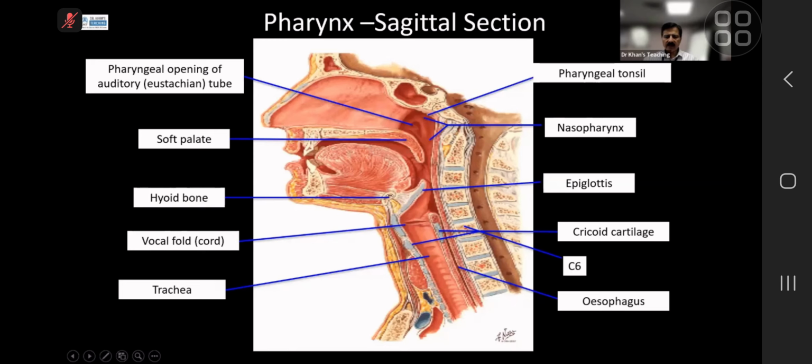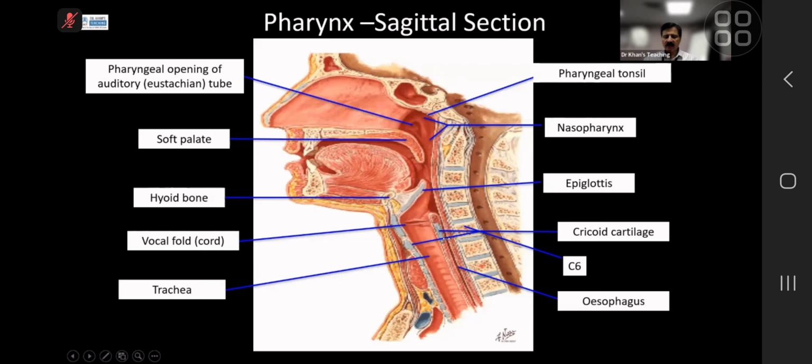This is the hyoid bone. This is the epiglottis. And from here till here, this is the cricoid cartilage. This is the larynx. Inferior to the level of the oropharynx, from here till here is the hypopharynx.